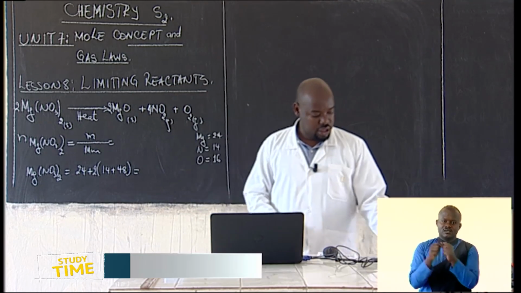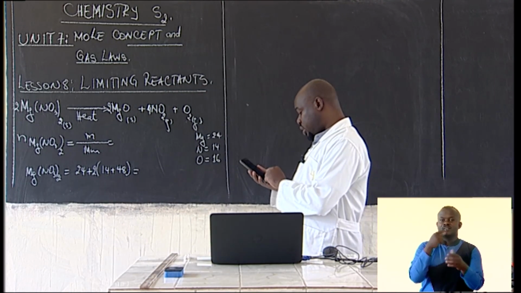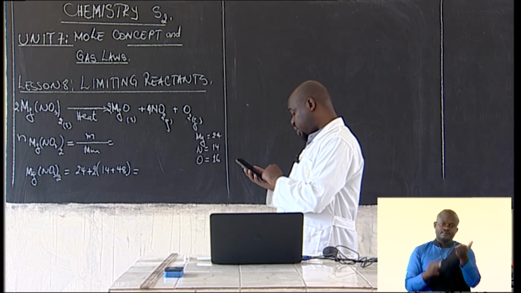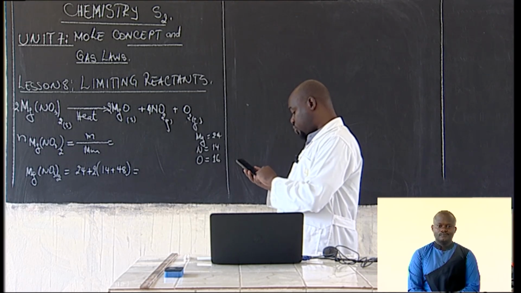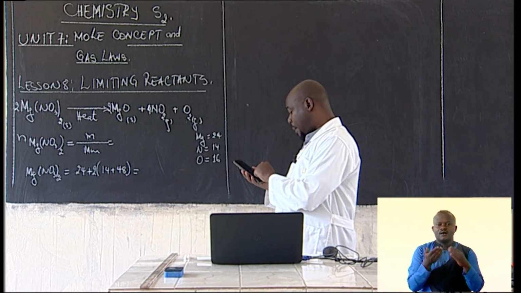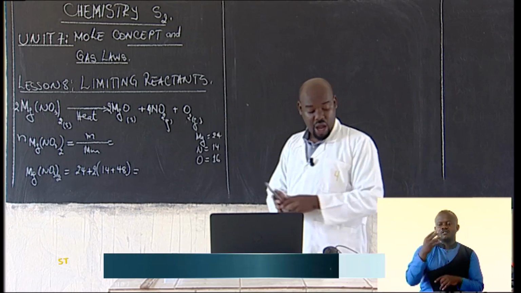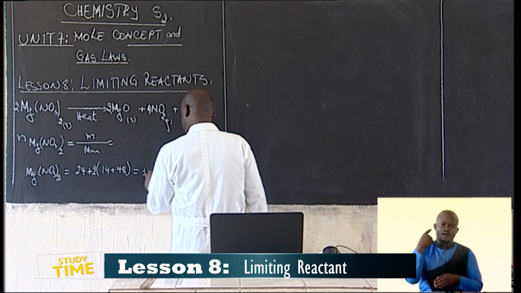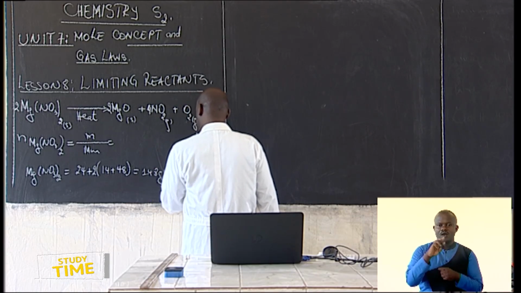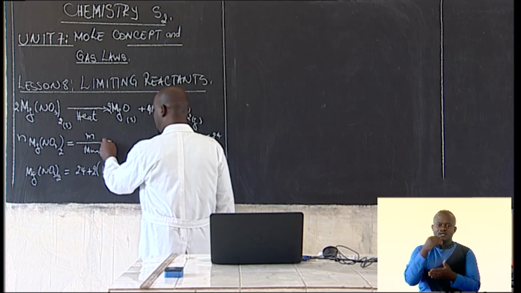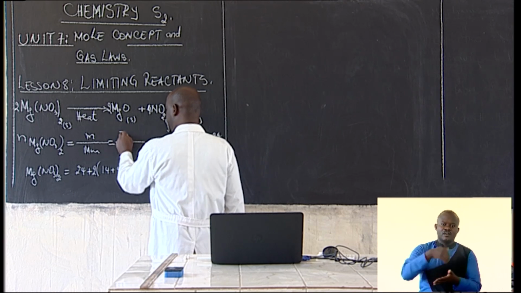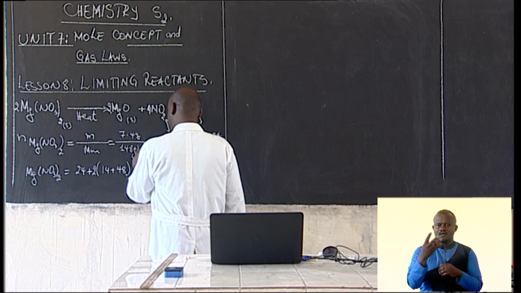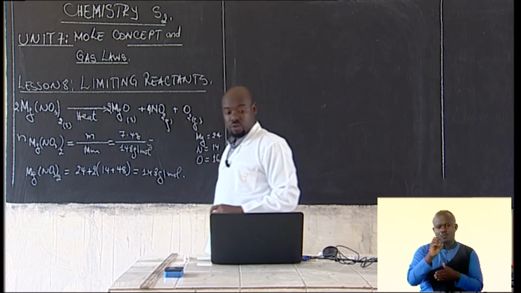And in that case, what we get is 14, we use your calculators, plus 48, that is 62, times 2, we have 124, plus 24, we have 148. So we have 148 grams per mole. That is the molar mass of magnesium nitrate. And then we have 7.4 grams over 148 grams per mole. And what do we get?